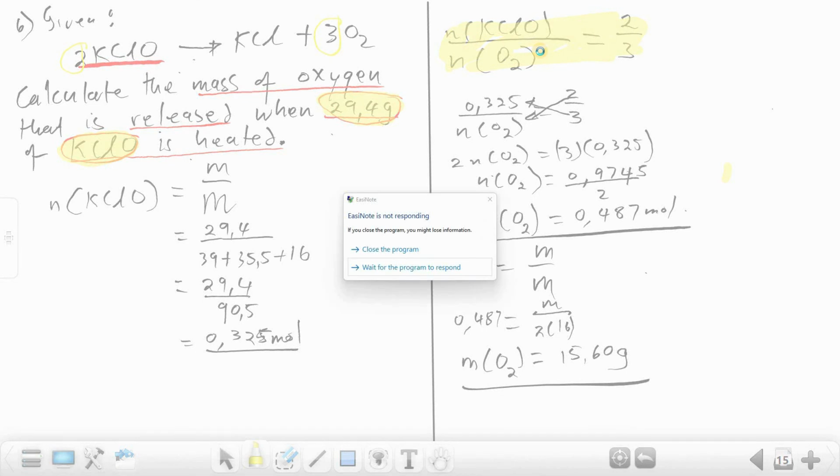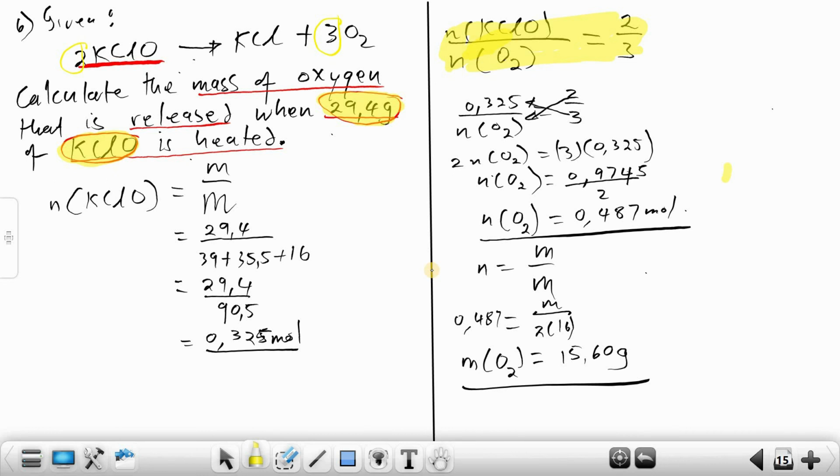So once you understand how to use the molar ratio, believe you me, you stand a better chance of getting the stoichiometric calculations correct than any other one, once you fully understand how you link the given to the molar ratio and finally move to the final answer.